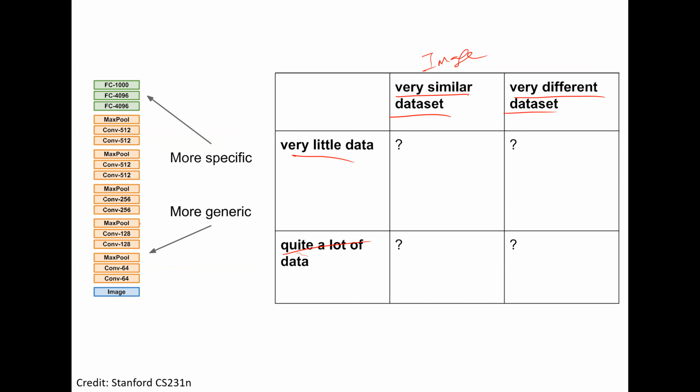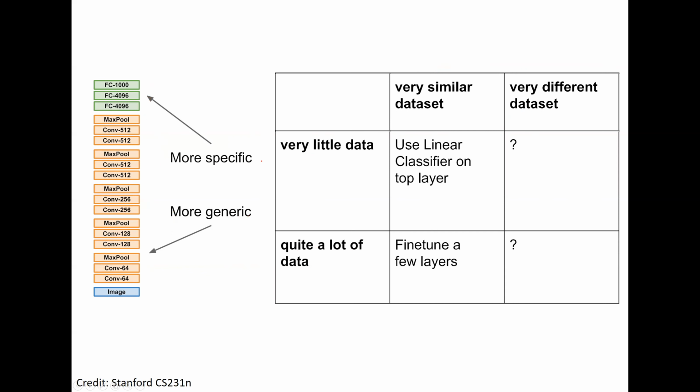I told you that early stages entail more generic features, and upper layers contain more specific and semantic features. In this case, we just replace the top fully connected layer for your application. And if you have a lot of data, then you just move a little deeper and fine-tune more layers.